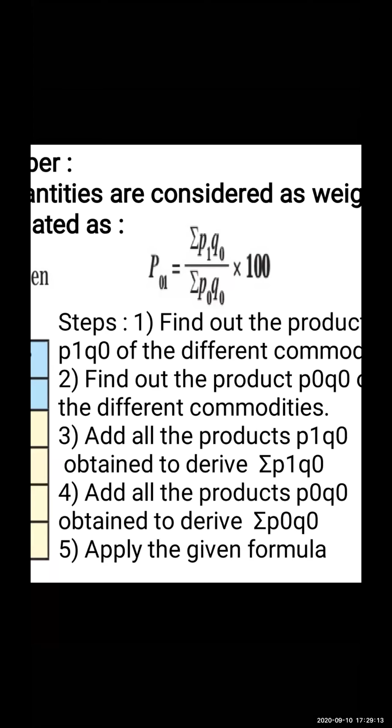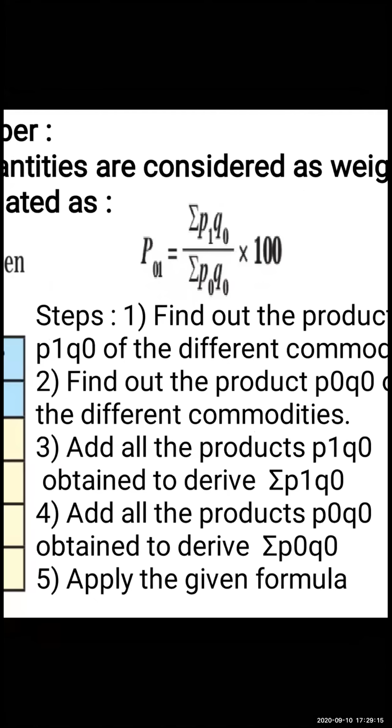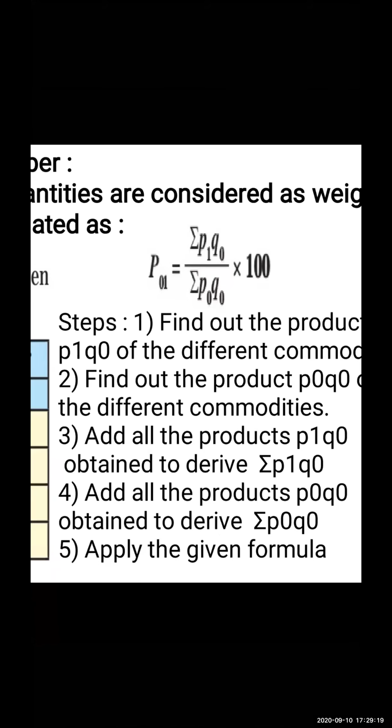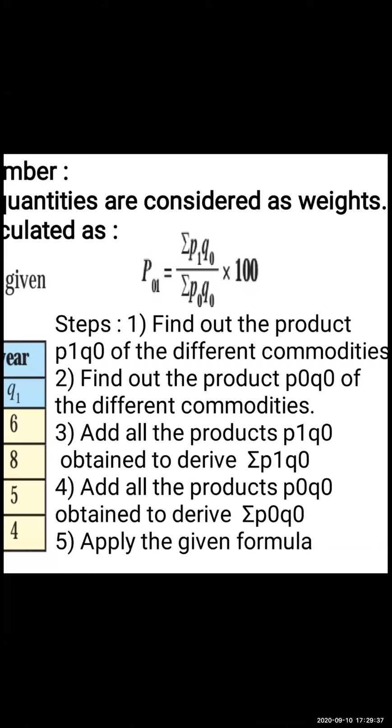Type it down. We need to find out product of P0, Q0 of different commodities. Yes, Joel, correct. As well as we need to find out product of P1 and Q0.